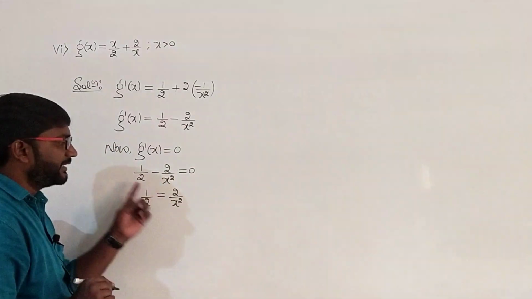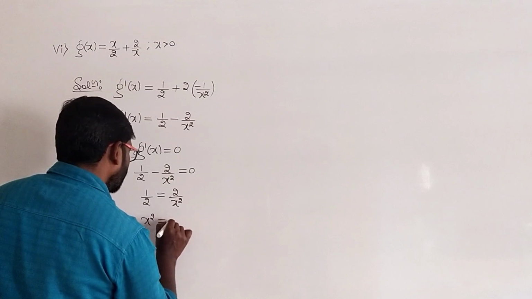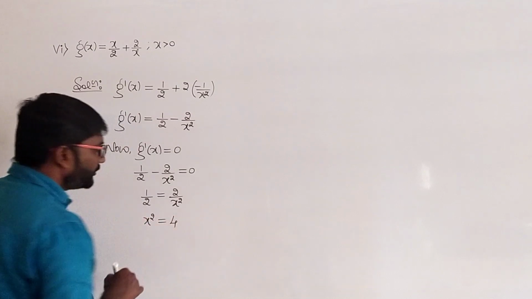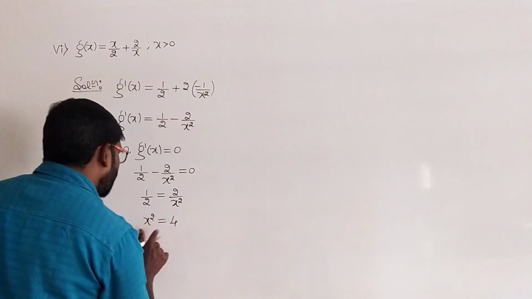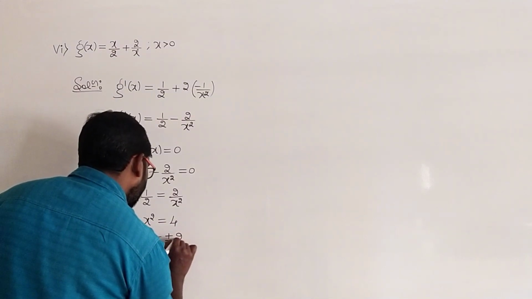So go for the cross multiplication. X square equals 4. That means x will be plus or minus 2.